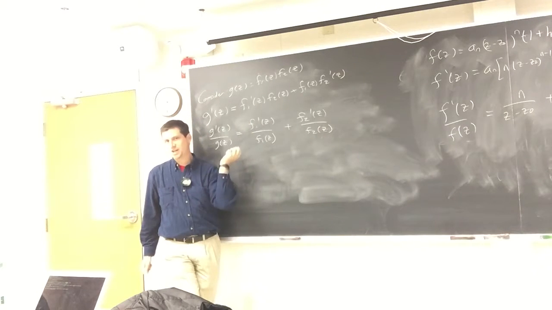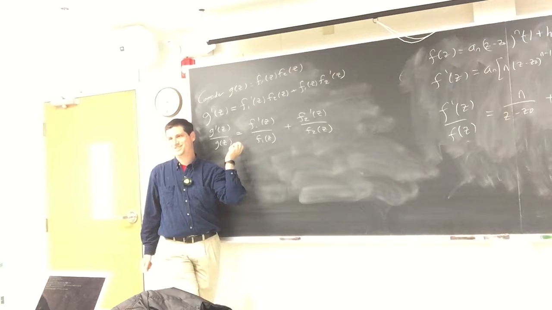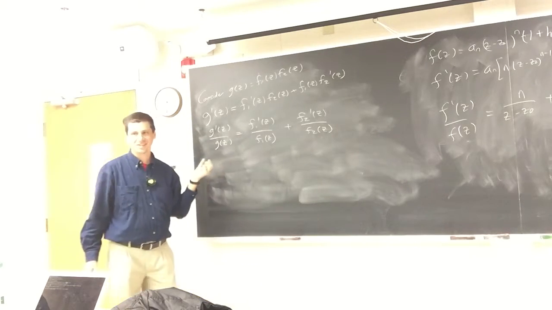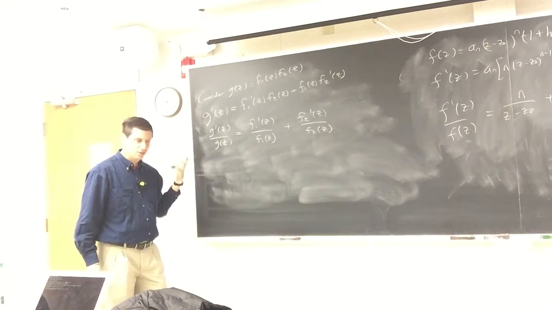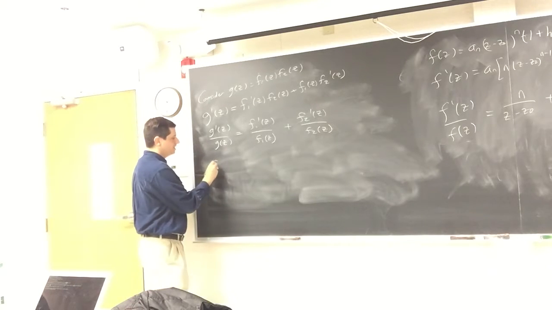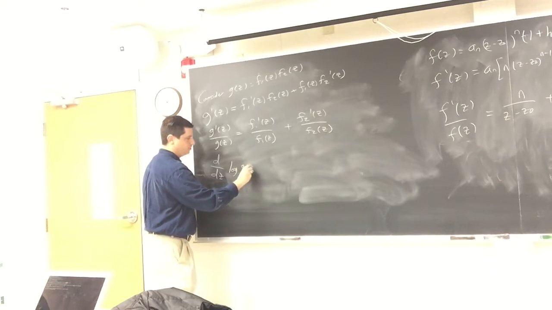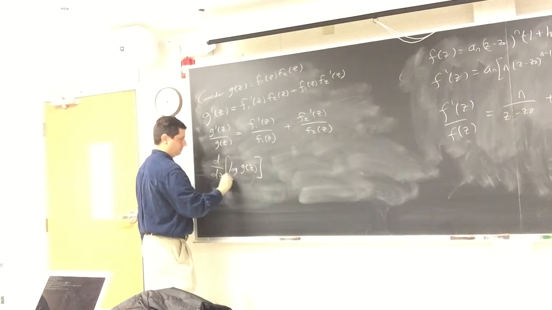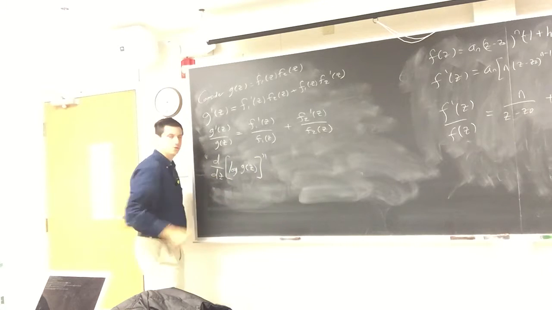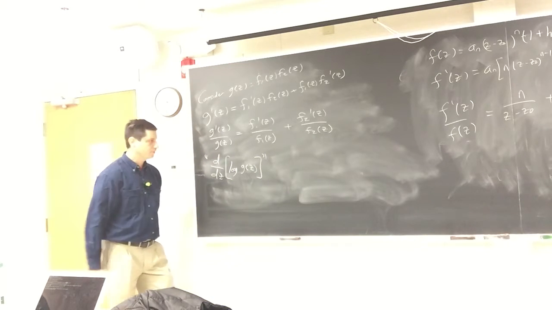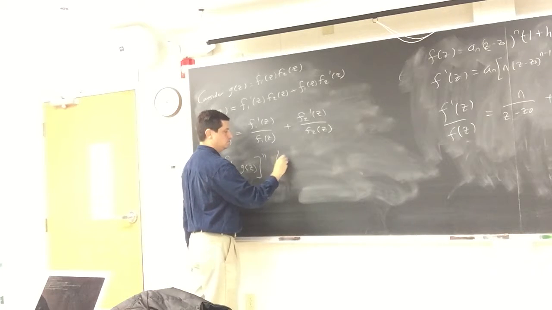Anybody notice what kind of derivative this is? At least formally, it's like dx over x, with log x. Close, very close. It's like d by dz of log of g of z, and I'll put this in quotes. So this is often called the logarithmic derivative.